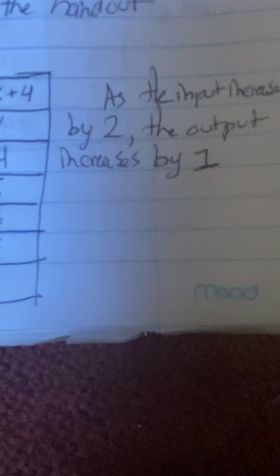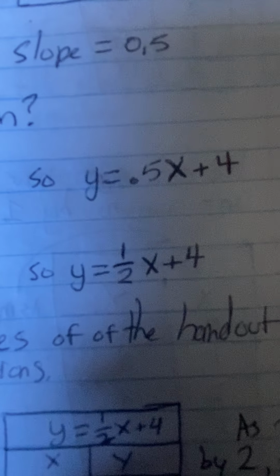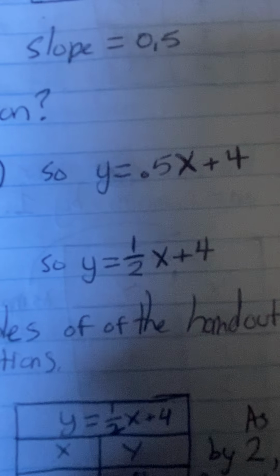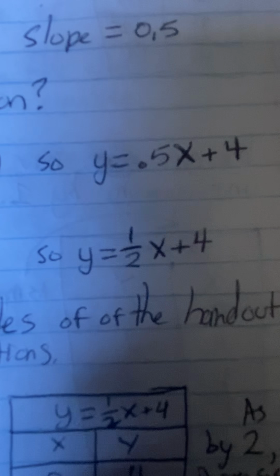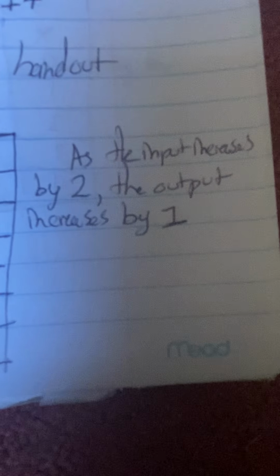And on the other one, as the input increases by 2, the output increases by 1. Okay? But we said that these two equations are exactly the same, just written in different forms. But yet we got two different verbal interpretations of what that slope means.